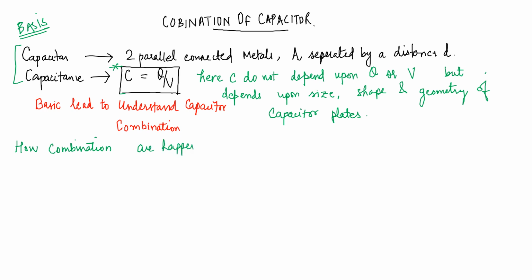So we are combining them in a line or parallel to each other. When C1, C2, C3 are combined in a line, they are called series combination.